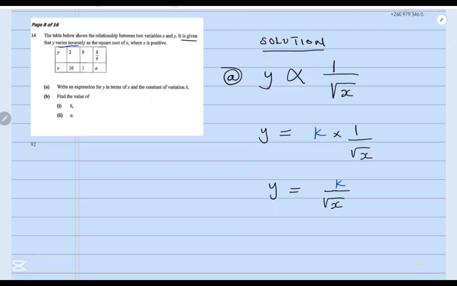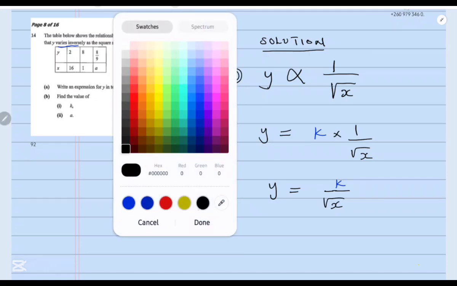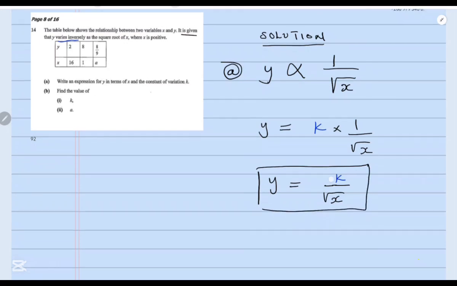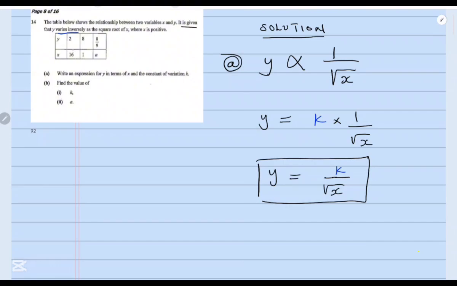From this expression we can find the value of k using the information from the table. How can we deal with this problem? If you check, we can get values of y and x, except this one, because we don't have a value here, and replace them into our equation.